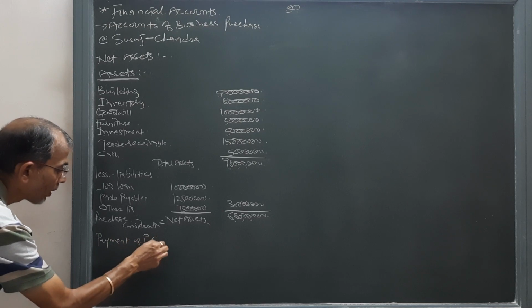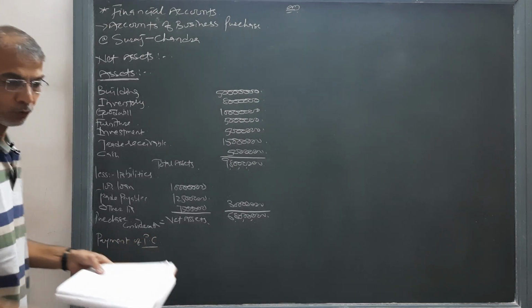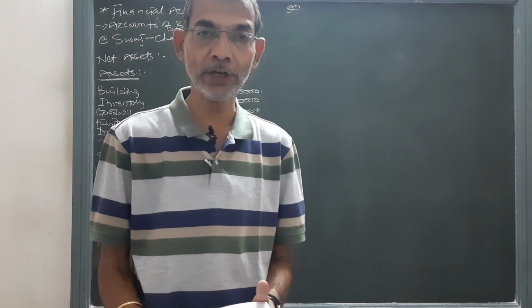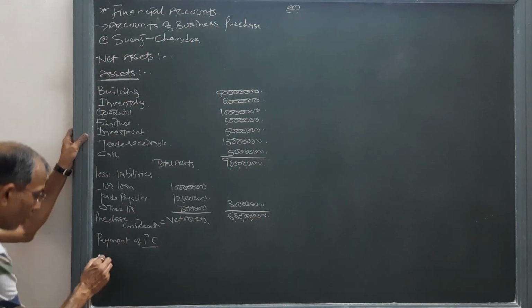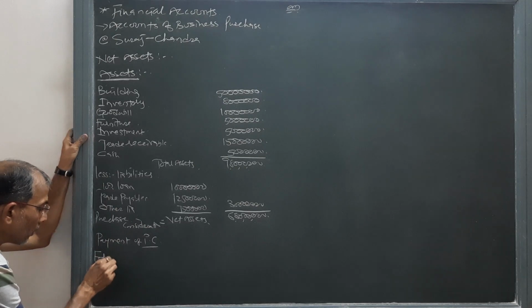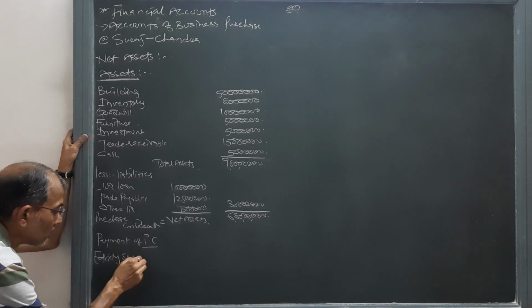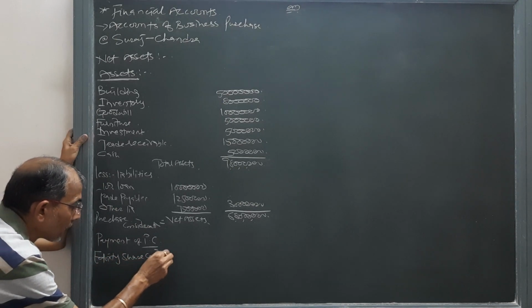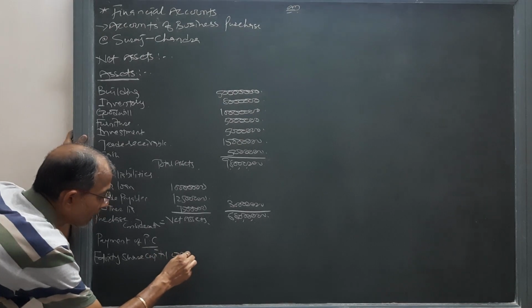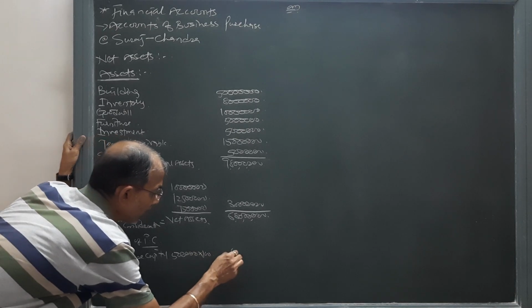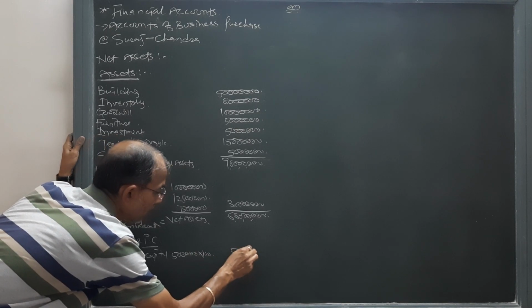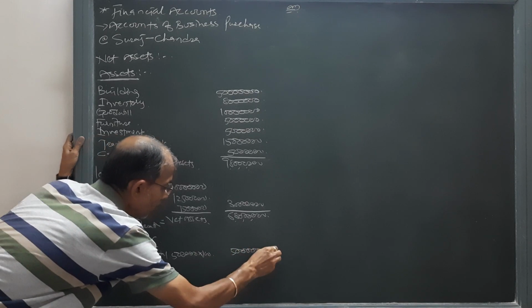Payment of PC, purchase consideration. So that is to be paid as equity share capital and balance amount in cash. Equity share capital, that was 5 lakh equity shares of 100, that will be 5 crore.